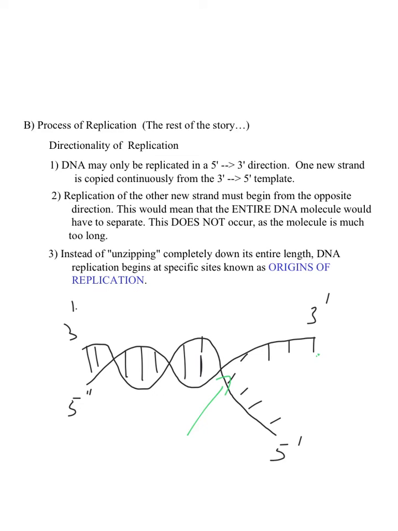Now imagine new nucleotides lining up here. And we would continue in this direction. But instead of starting down here, we'd have to start up here. And new nucleotides would be started up here, and we would continue in this direction.